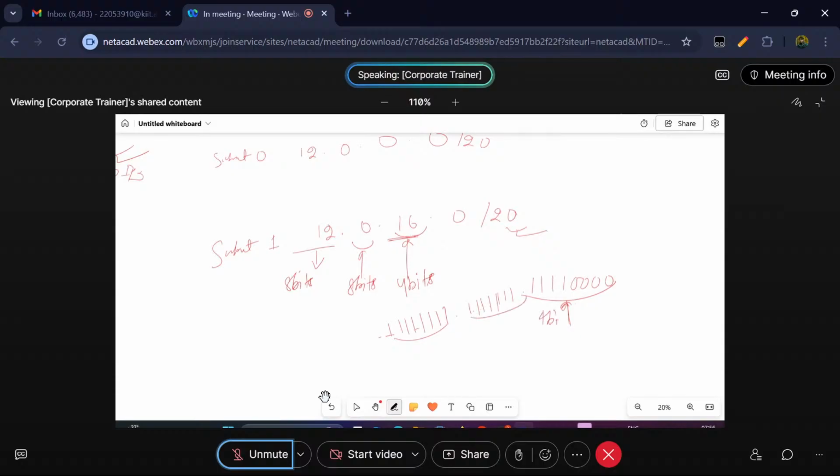The remaining 4 bits, if you make changes in them, you'll definitely get different networks, because 4 bits also come from the third octet.